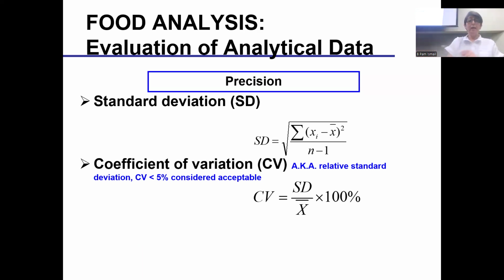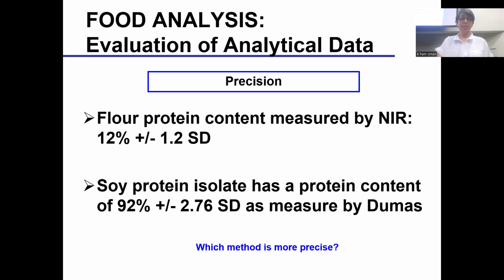All right. Let me demonstrate in which situation it makes a difference whether you calculate standard deviation or coefficient of variation. All right, we have two methods. In this example, you have two methods for protein determination.